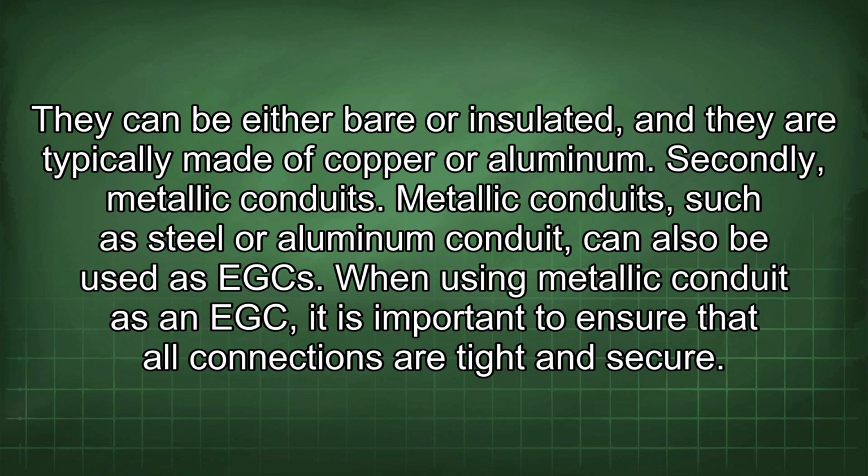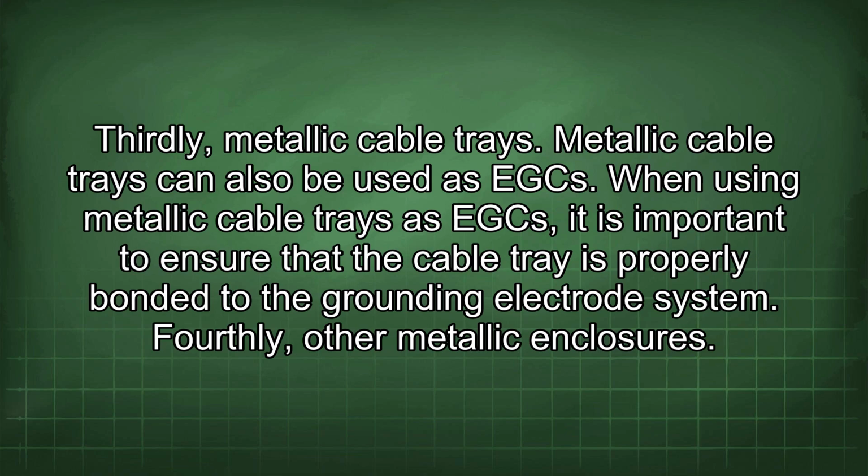Secondly, metallic conduits. Metallic conduits, such as steel or aluminum conduit, can also be used as EGC. When using metallic conduit as an EGC, it is important to ensure that all connections are tight and secure. Thirdly, metallic cable trays. Metallic cable trays can also be used as EGC.